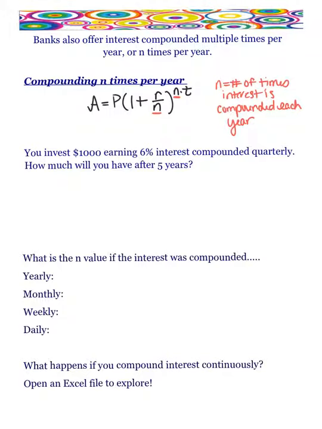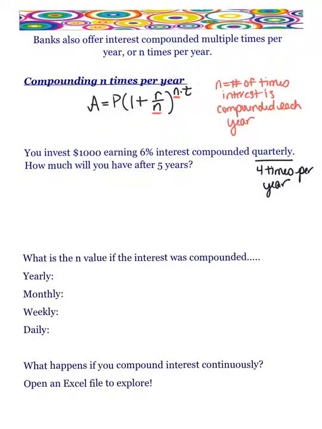You invest $1,000 earning 6% interest compounded quarterly. So if it's compounded quarterly, that means 4 times per year. How much money will you have after 5 years? So the only thing I've changed from the example on the last slide is that it's compounded quarterly.